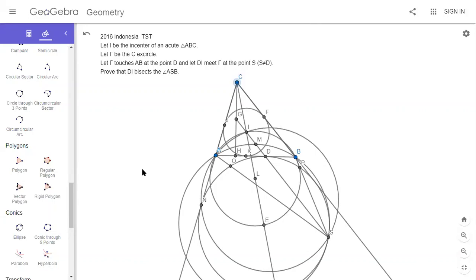Let's see. So angle, it finishes the problem because then ISA equals INA, and that's chaseable.